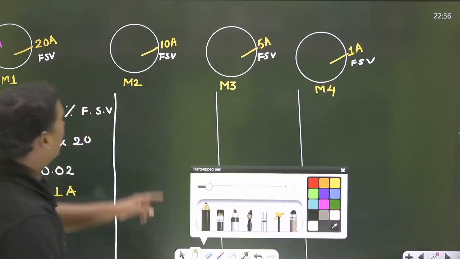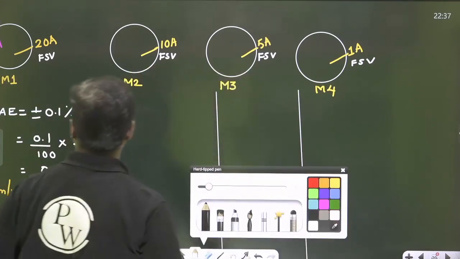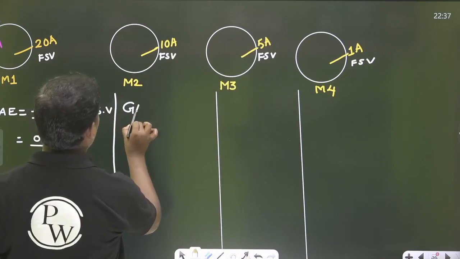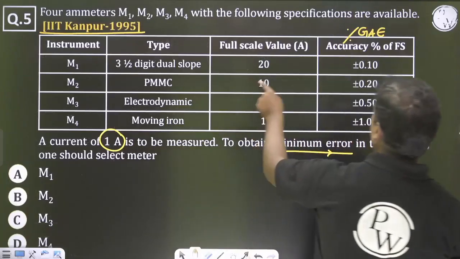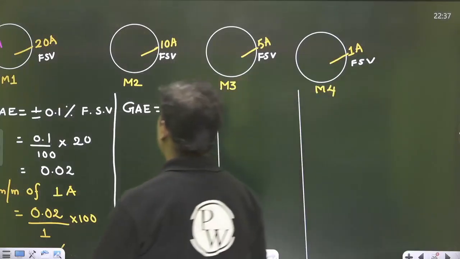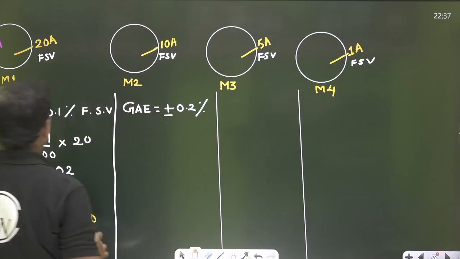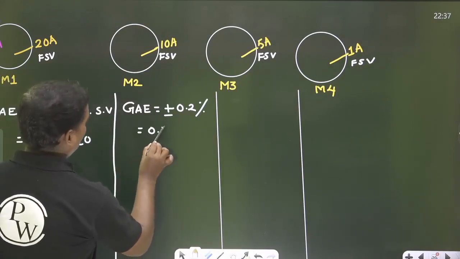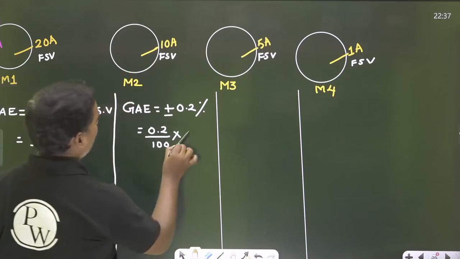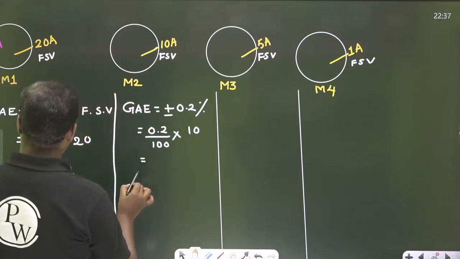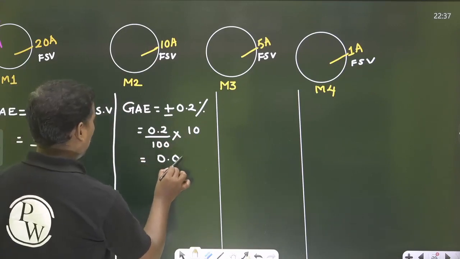Instrument 2 has 10 amperes as the full scale value, and the guaranteed accuracy error for the second instrument is 0.2%, plus or minus 0.2%. So I can take 0.2 by 100 times the full scale value, which is 10. So again you are going to get the same 0.02.